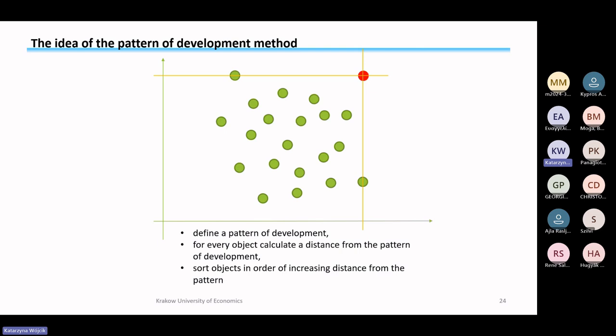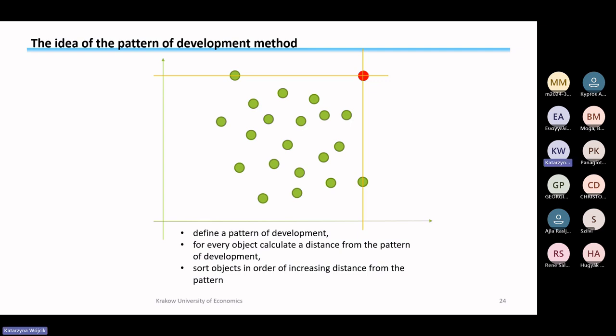The idea of the pattern of development method is that we need to define a pattern of development, which is, let's say, the artificial object that represents the highest possible values in all criteria.